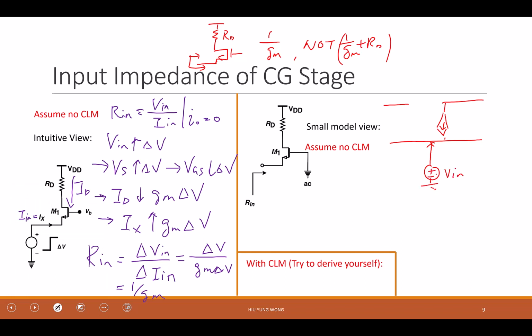This is V in. I have current, that is I in. I ignore the channel length modulation. The gate is grounded, right? This is VGS, so this is Gm VGS. And then I don't have channel length modulation. I have the RD connected directly to ground, right? Again, why is the RD grounded? Isn't that VDD?